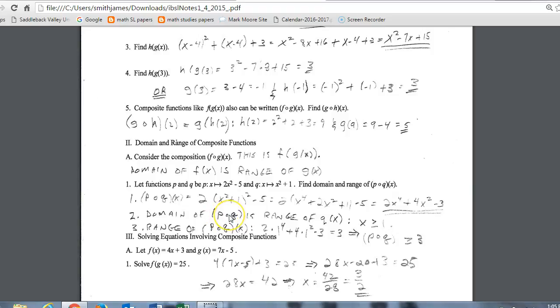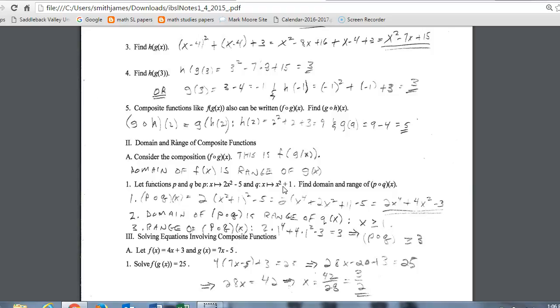The domain of the composite function is the range of the interior function that we're seeing right here. So when they ask for the domain, that's the same thing as them asking you for the range of the interior function. So if we can get the range of q of x, that would become the domain of the composite function. So how do you get the range of q of x?